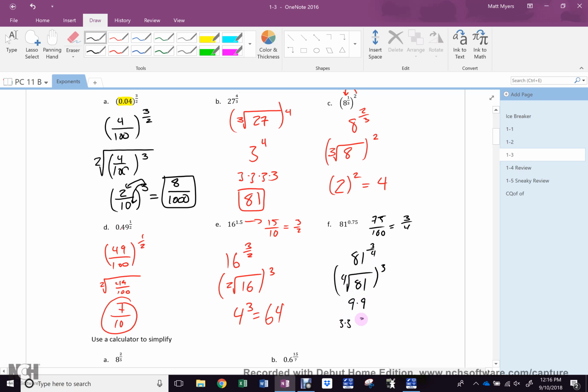What's 9? 3 times 3. There's my group of 4, and I needed a group of 4. So what is the fourth root of 81? 3 cubed. What is 3 cubed? 27. So that is that.